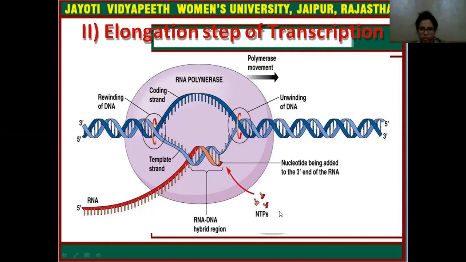That rule must be followed during the RNA synthesis process, and this is the elongation process. After completion of this region, RNA polymerase will move forward in the 5 to 3 prime direction, and as it moves, RNA synthesis will occur for the next region. So that's how the elongation process occurs.